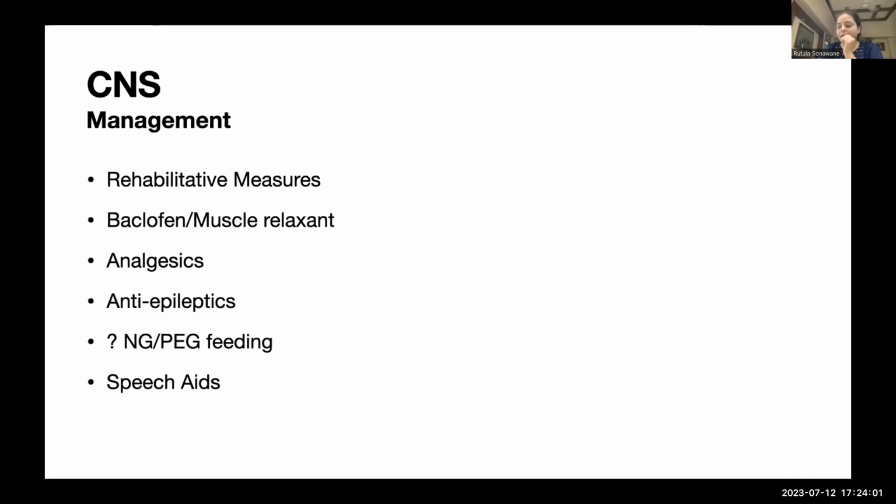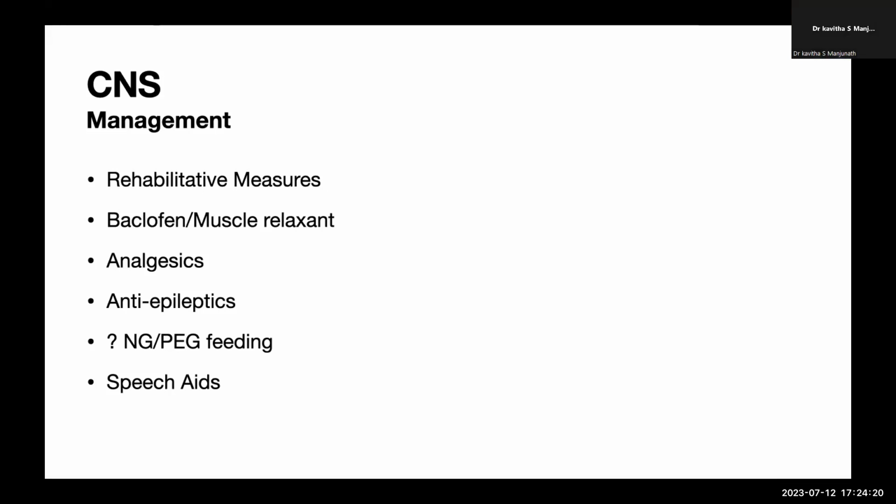So can anyone tell me, for nociceptive, somatic pain, what kind of analgesics would you prefer? Acetaminophen. Okay, so you basically go according to the step ladder.